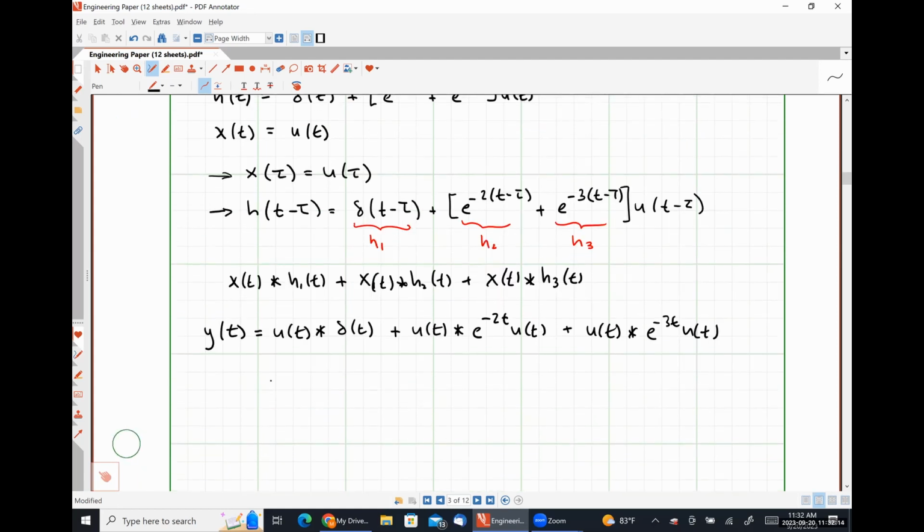And now we're actually going to set up our integrals.